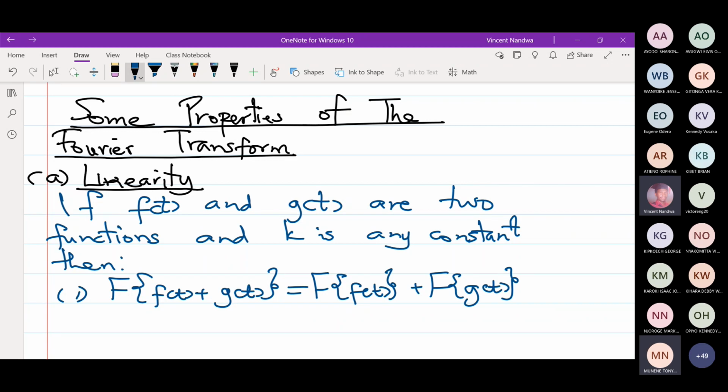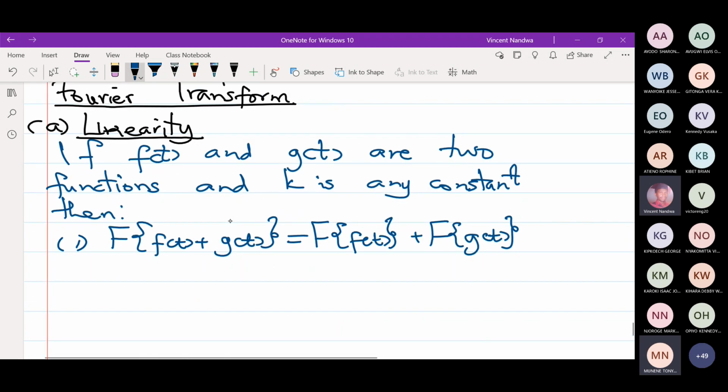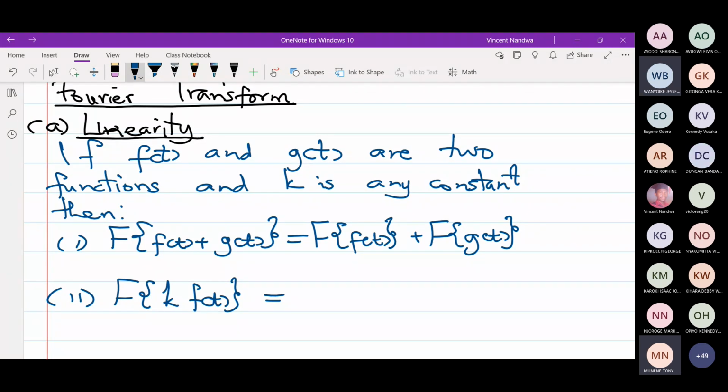And then what do you think will be the Fourier transform of a constant k multiplied by a function f of t? K times the Fourier transform of f of t. Correct.